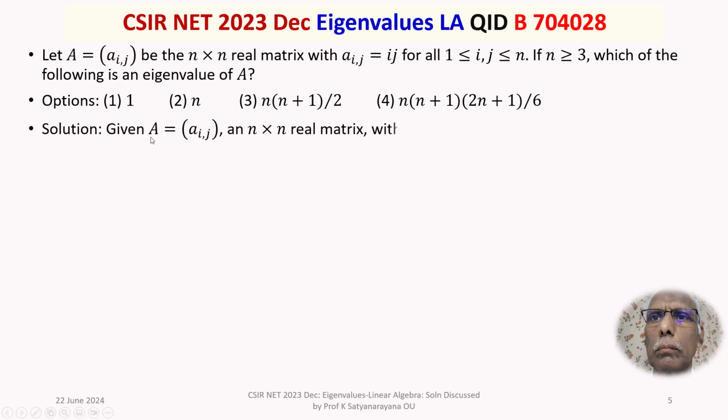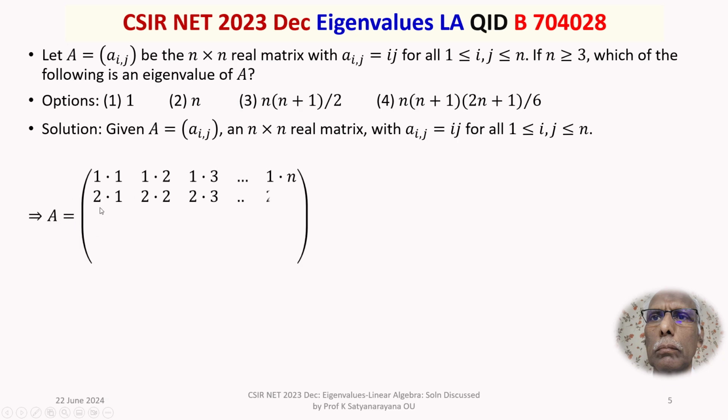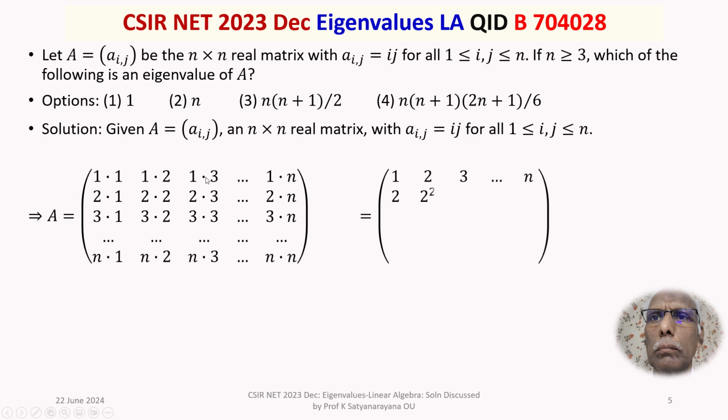We have the matrix A, an n by n real matrix with a_ij equal to the product i multiplied by j for all 1 ≤ i, j ≤ n. Now let's write down the entries of A. The matrix A has entries 1 into 1, 1 into 2, 1 into 3, up to 1 into n, and so on, down to n into 1, n into 2, n into 3, n into n.